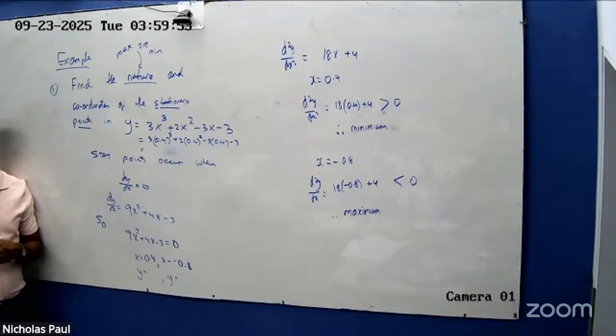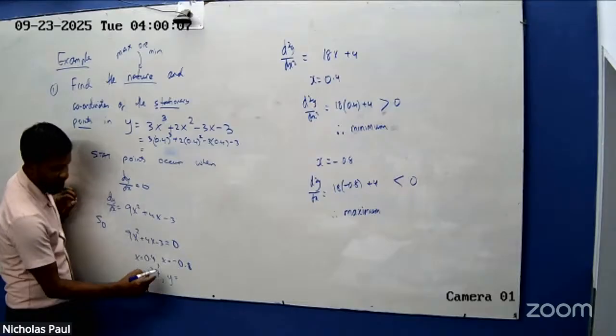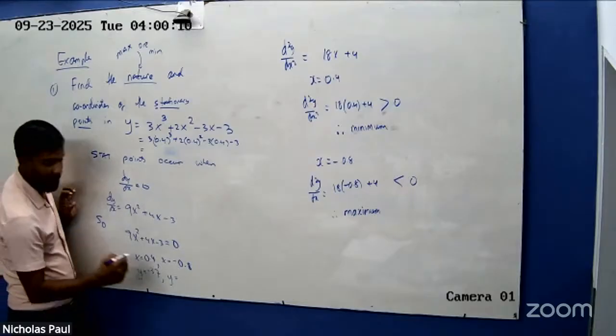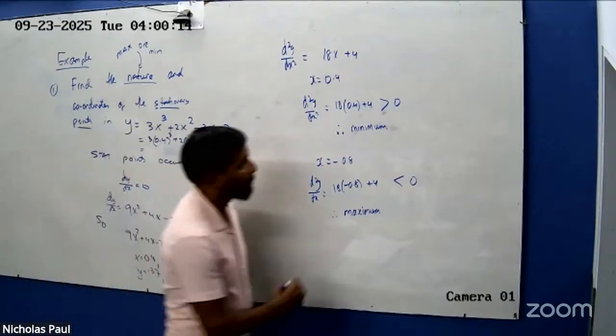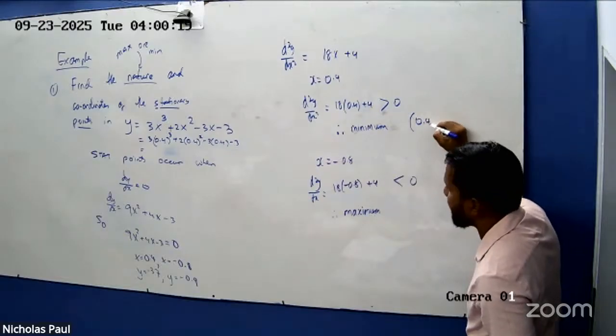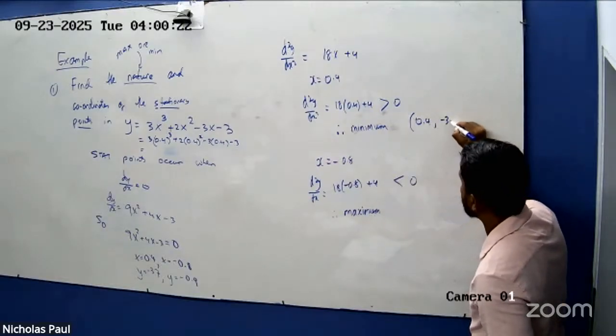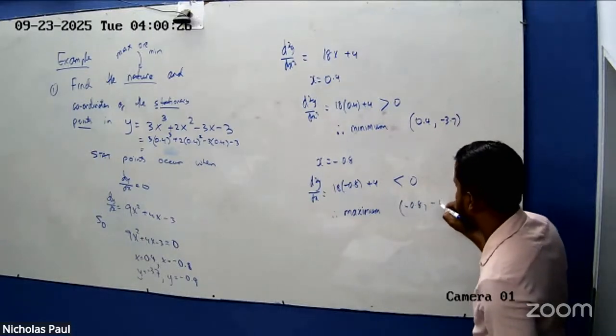Minus 3. What you got? Minus? So minus 3.7. And what's the next one? Minus 0.9. Right? So the minimum point is 0.4, minus 3.7, and the maximum is minus 0.8, minus 0.9.